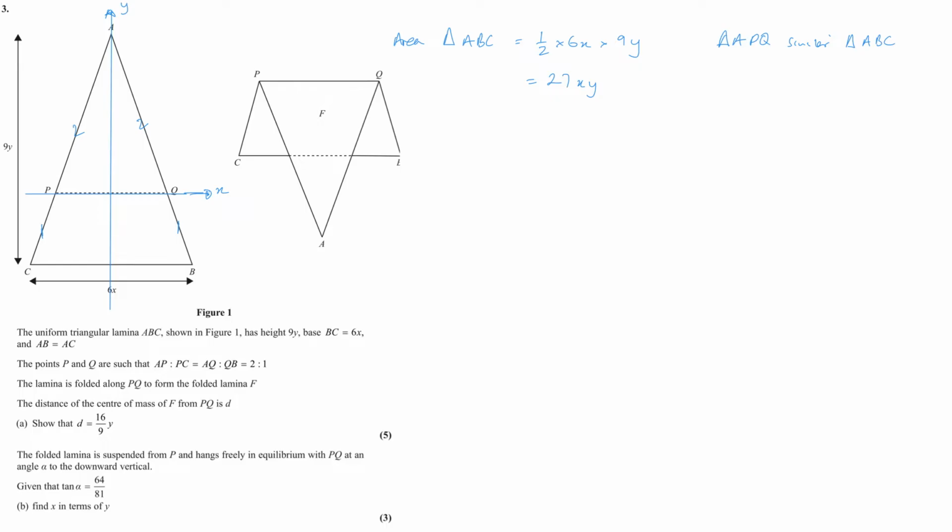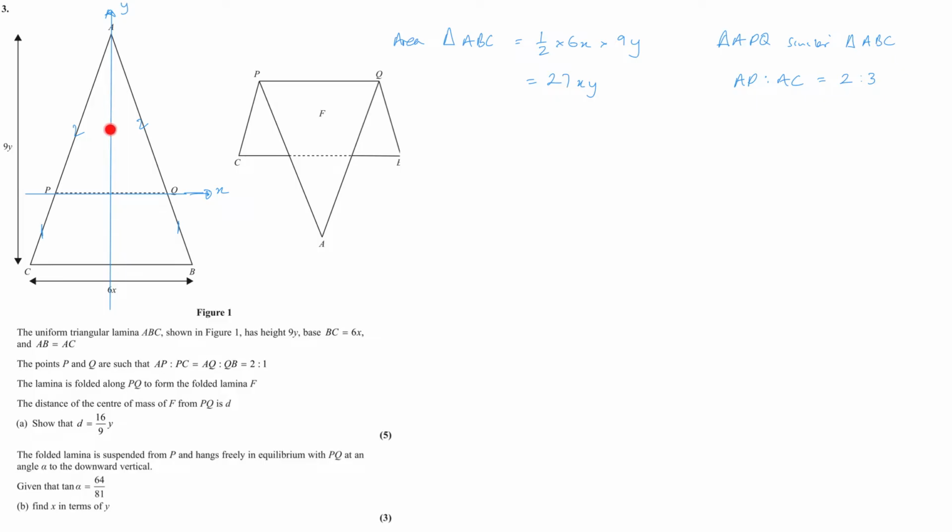Okay, so that's the ratio there. So like the ratio of AP to AC is 2 to 3. And because they're similar, that ratio will apply to every side within the triangle. Now, we know that this total length here is 9y.